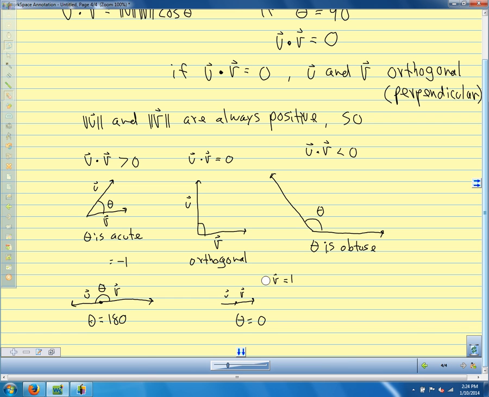And I wrote these wrong. This isn't u dot v, this is cosine theta. If cosine theta is -1, then they're pointing in opposite directions. And if cosine theta equals 1, then they are in the same direction. They're parallel.